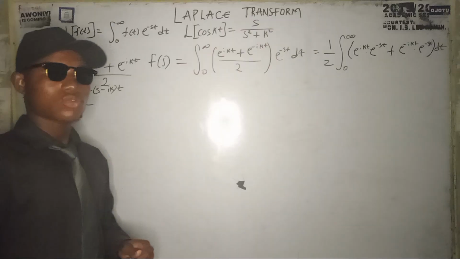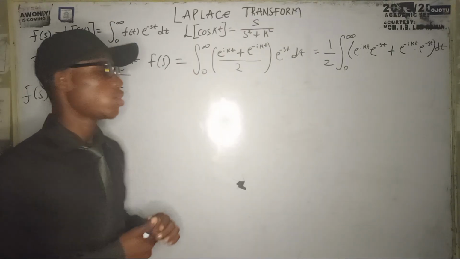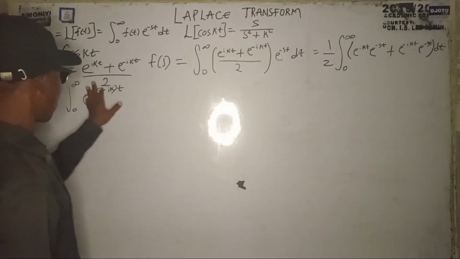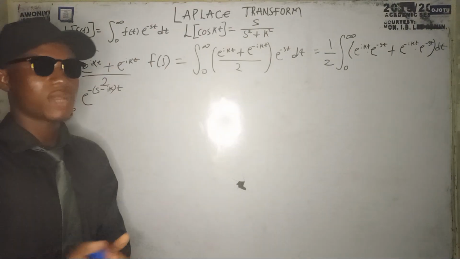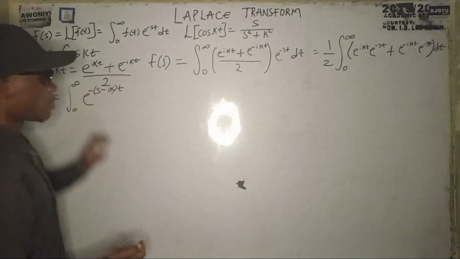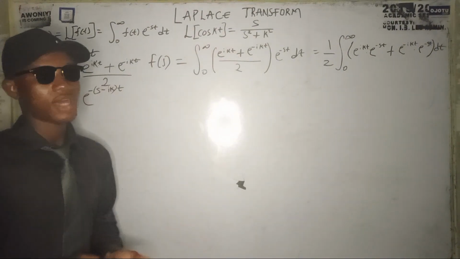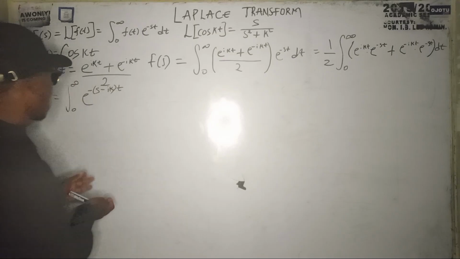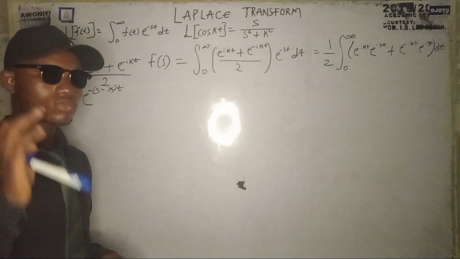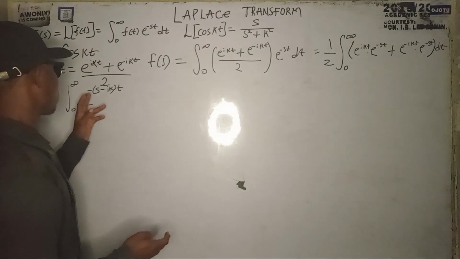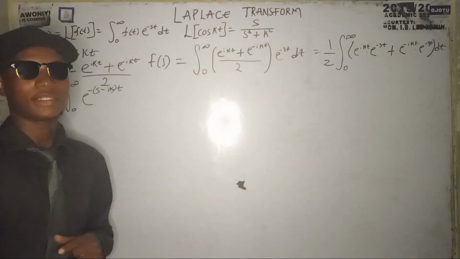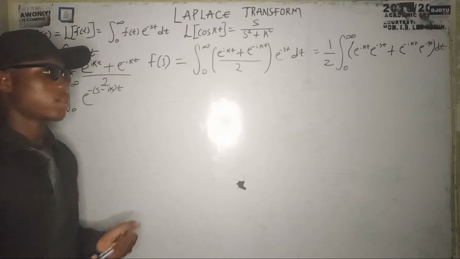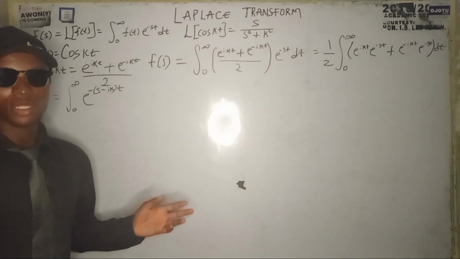Now I don't need to go into much explanation on why I put it in this form. I could just easily put the minus into this bracket and we have ik minus s. But the reason why we are bringing our minus out here is because we are assuming that s is greater than k, and also we have to do it in that way in order not to get an invalid answer like infinity minus 1, we have infinity or something, so that we can be able to get a valid answer.